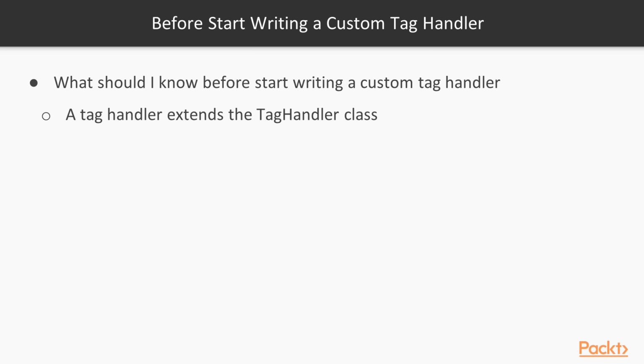Before writing a custom tag handler, or in order to understand the tag handler, it is important to know several aspects about the tag handler's API. First, we have to know that a tag handler extends the TagHandler class. Also, it is important not to confuse a tag handler with a component handler.